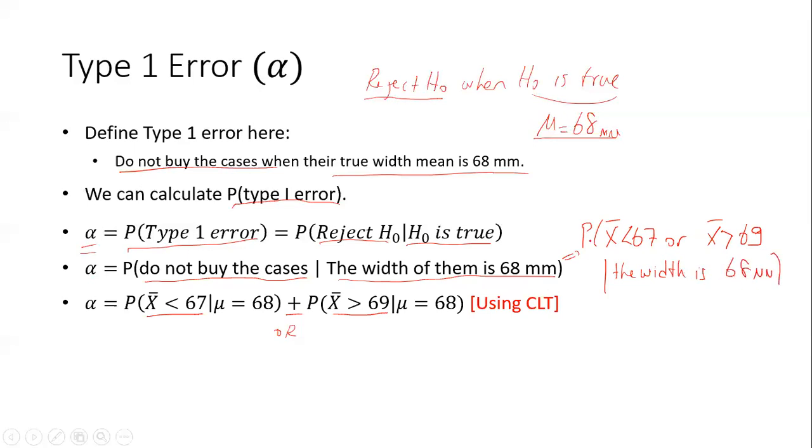In fact, I just missed a line here. After this, you can write that this is equal to the probability that X bar is smaller than 67, given that mu is equal to 68, plus the probability that X bar is greater than 69, given that mu is equal to 68.